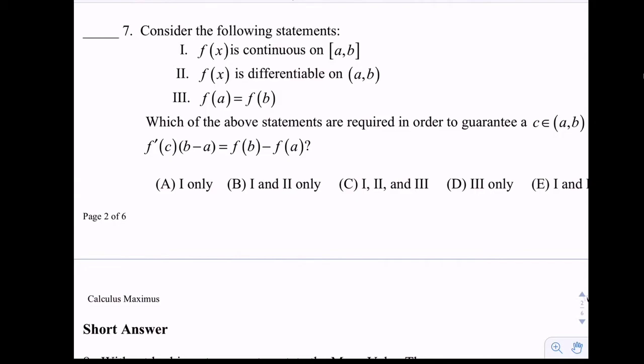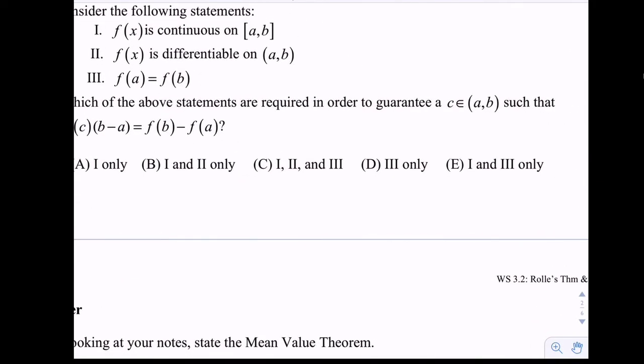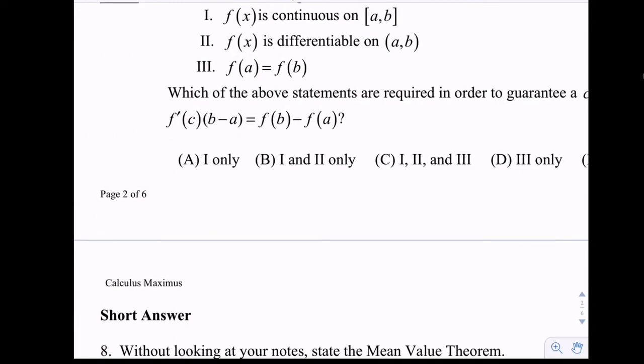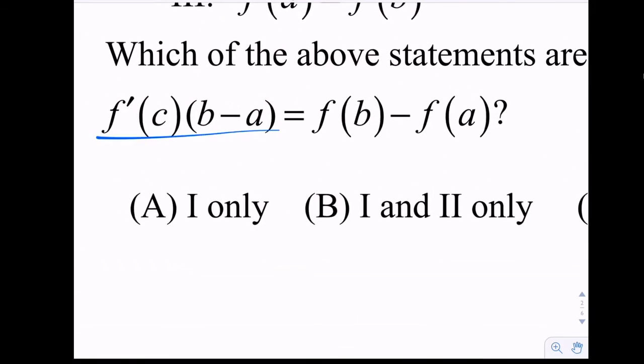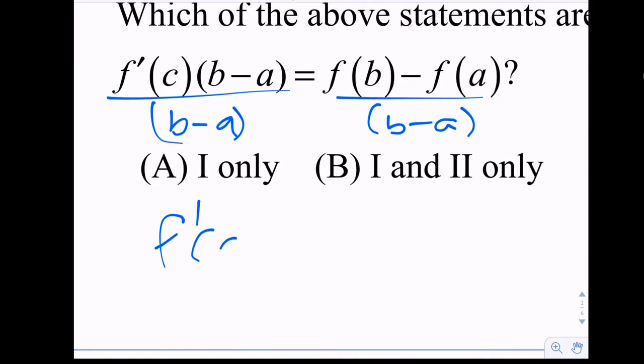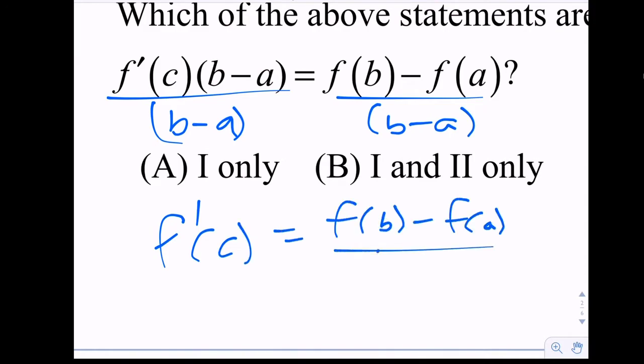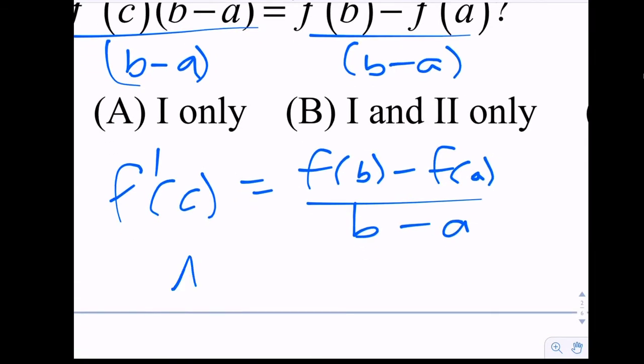Which of the following statements are required in order to guarantee an x value between a and b such that f prime of c times (b minus a) equals f of b minus f of a? What the heck is that? It looks very similar. If I take this and divide through by b minus a, I get f prime of c equals f of b minus f of a all over b minus a, which is the MVT.